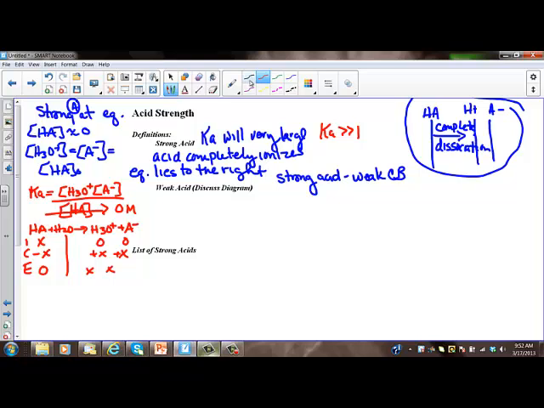Let's look at weak acids. So this barely dissociates. We're talking less than 5% dissociation. So mostly the solution stays as HA. Your equilibrium is going to lie to the left.